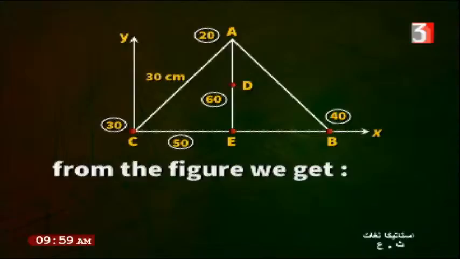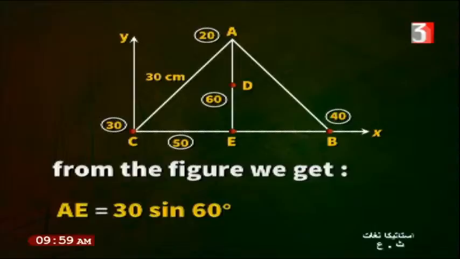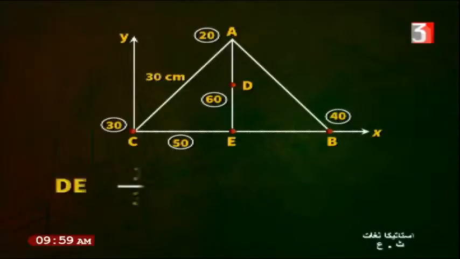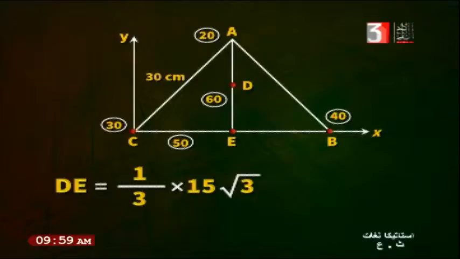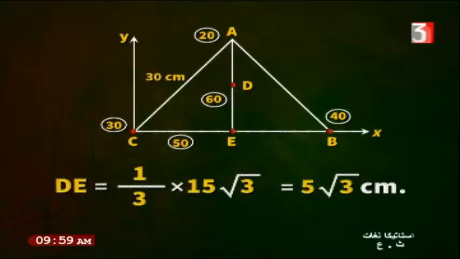From the figure, we get the length of AE equals 30 times root 3 over 2, or 30 sine 60, which is 15 root 3 centimeters. We know that DE equals a third of AE. AE equals 15 root 3. Then DE equals 5 root 3 centimeters. What do you mean? The coordinate of D is 15 and 5 root 3.